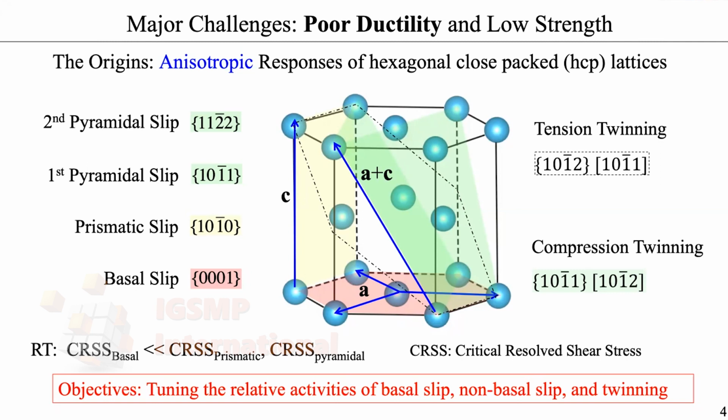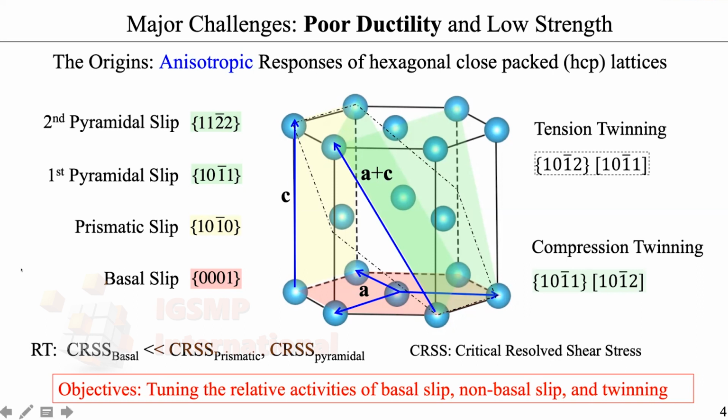Because of that, we can easily induce deformation through the so-called basal slip, which only gives deformation parallel to these planes. For the rest of the slip systems, the other deformation modes in the material, we have to apply much larger forces, about 100 times difference.